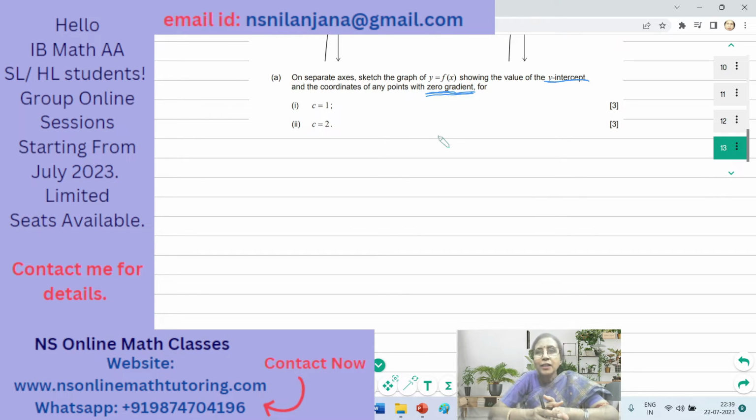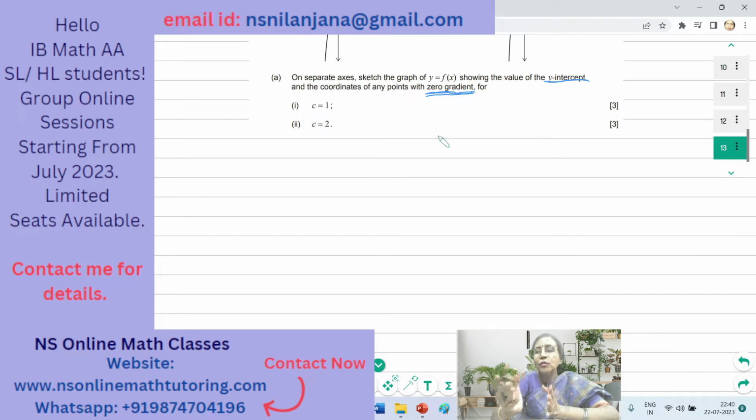When do we have f dash x equal to 0? If we have a maximum point, or a minimum point, or the stationary point of inflection, where the gradient is 0. So these are the three cases when we have f dash x equal to 0.